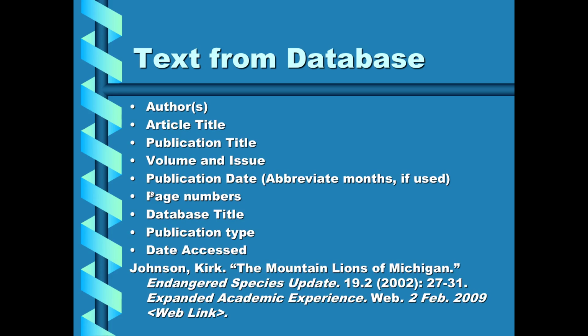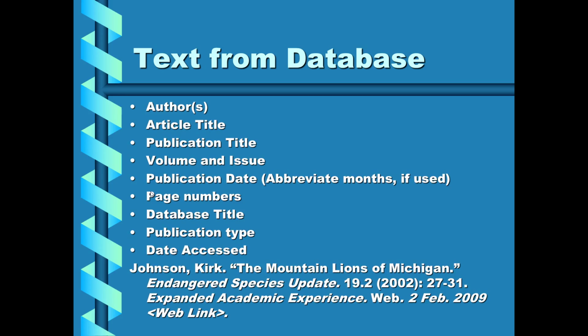Usually when you get an article from a database, that article is going to be presented to you in one of two ways. It's either going to look like an HTML page or a normal web page that you would just scroll down and not have any actual page numbers associated with it.